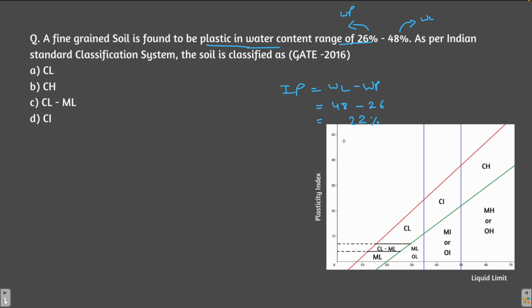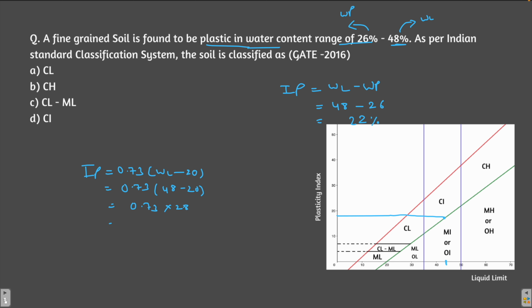So our IP is 22 and the liquid limit is 48%. So let's calculate at 48% what value of IP we get from the plasticity chart. What is the equation of the A line? It is IP equals 0.73 (WL minus 20). You see we are using this multiple number of times, so you must remember this. What is the liquid limit given in the question? 48 minus 20, so it is 0.73 into 28.